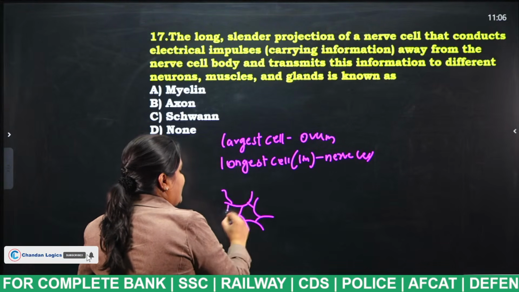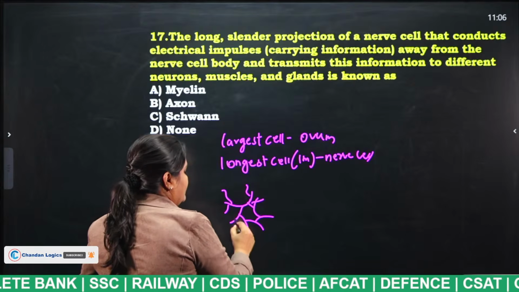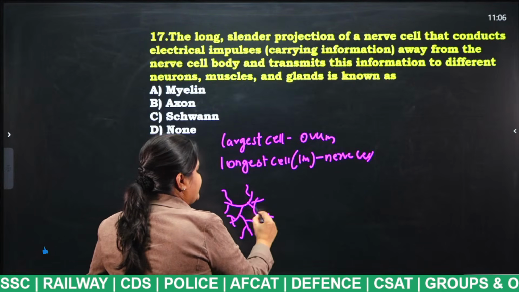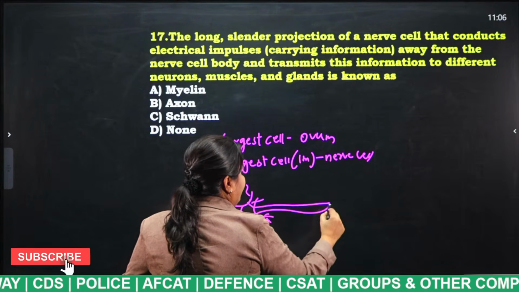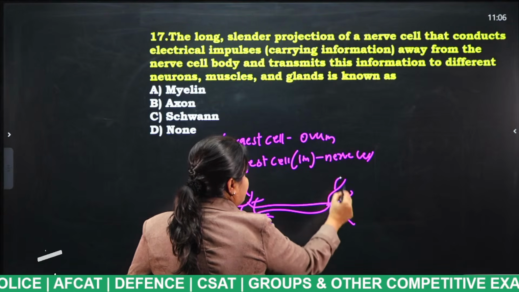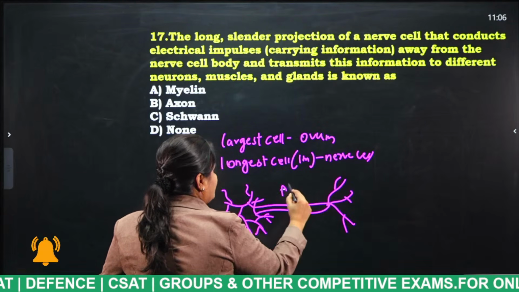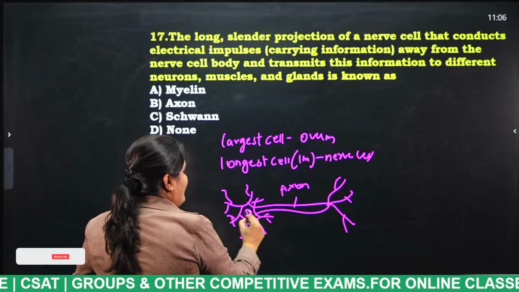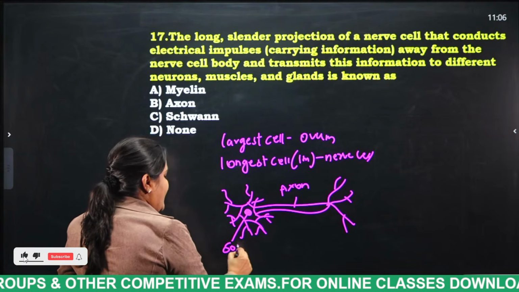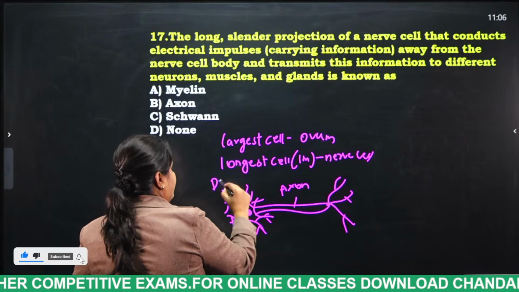So these are the dendrites, and this is the axon, and here are the axon terminals. This is the soma, the cell body, and these are the dendrites.